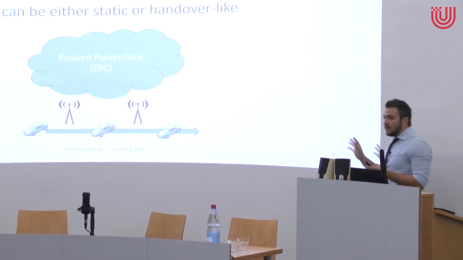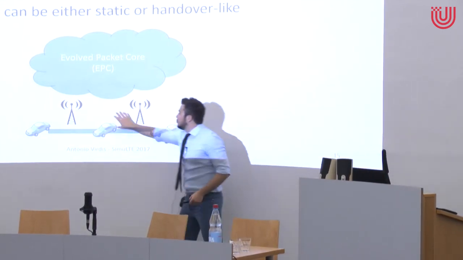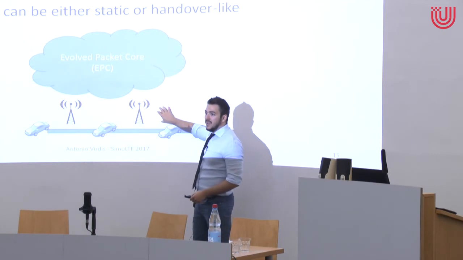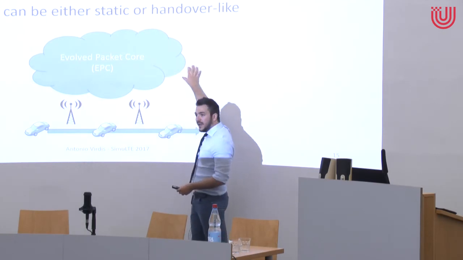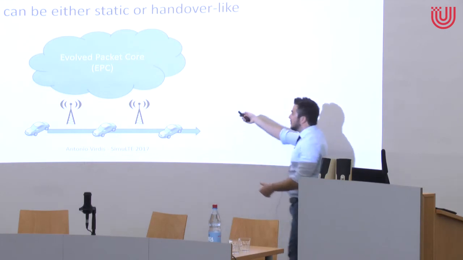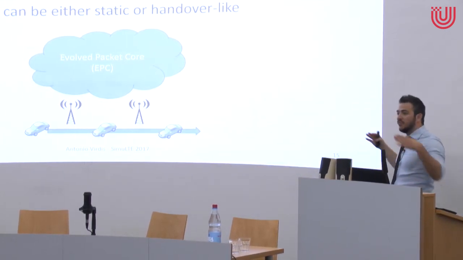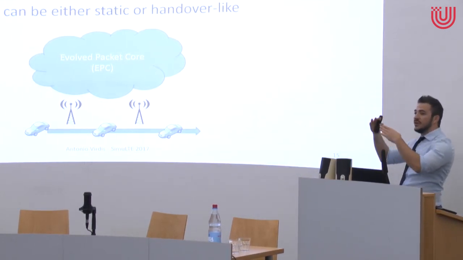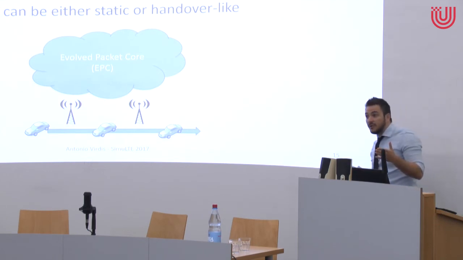But you might also imagine two different base stations with another evolved packet core network, and the two packet core networks both converge to an internet router.